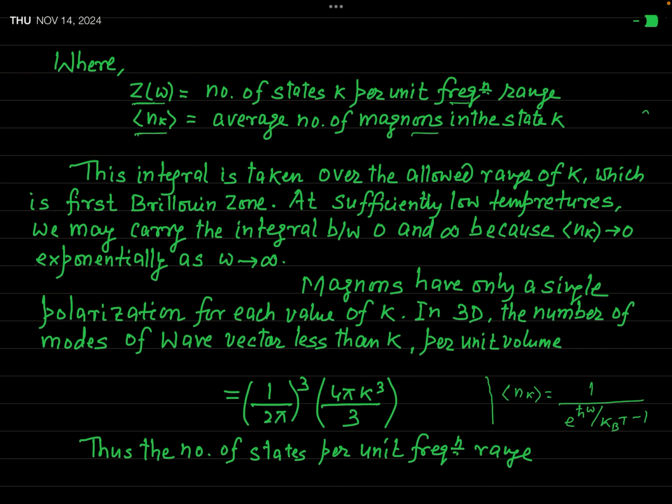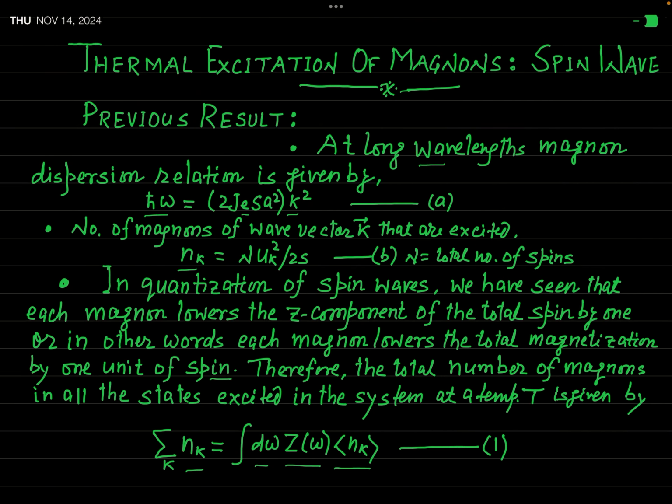So n_k times D(omega) is the number of magnons in unit frequency range. And when we multiply it by d omega, then d omega times D(omega) times n_k represents the number of magnons in the excited state at temperature T having frequency between omega and omega plus d omega.